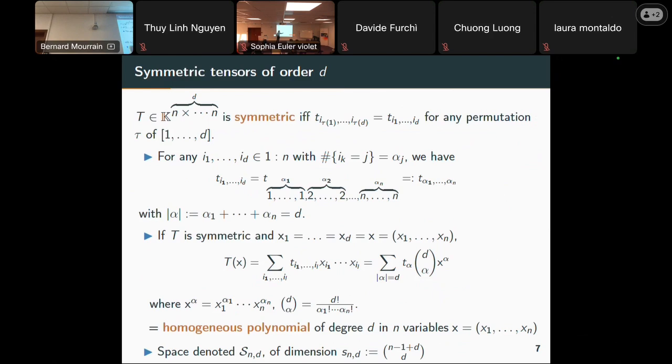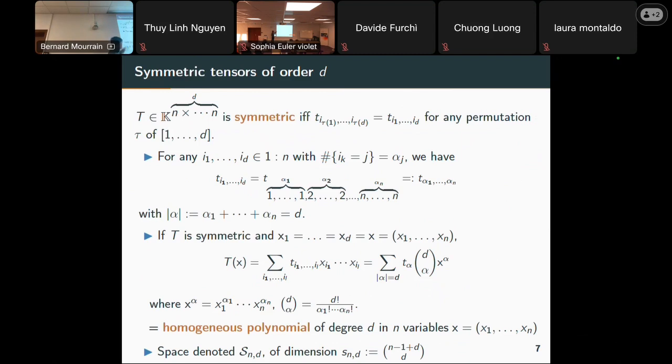Instead of taking x_{i1,1}, we take the same variable, and we take the sum of this, which gives the polynomial. So d choose alpha is a multinomial coefficient: d factorial over alpha 1 factorial ... alpha n factorial.